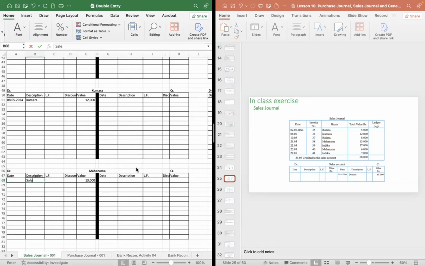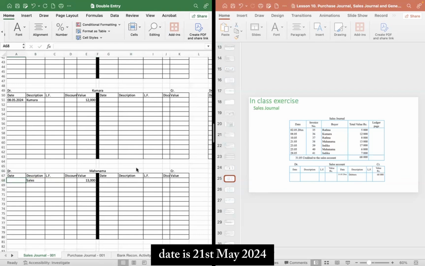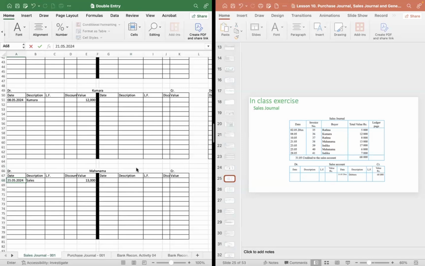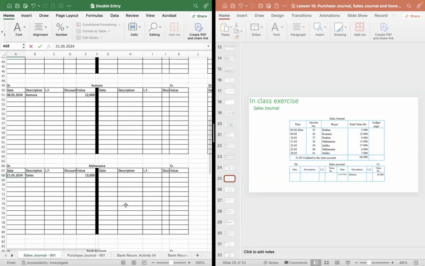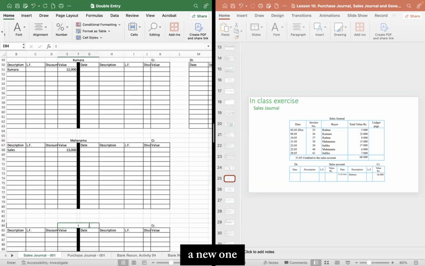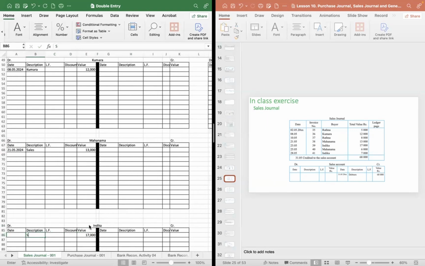Sales. Date is 21st May 2024. Then we have Indica, a new one. Indica 17,000. Sales. 23rd 05. That's we have that.